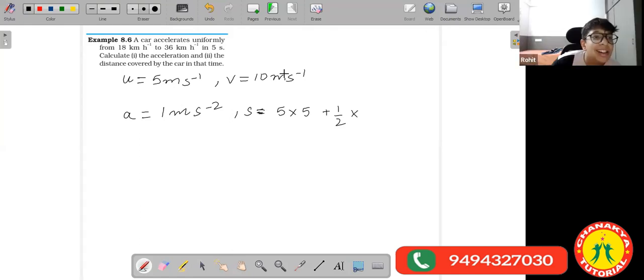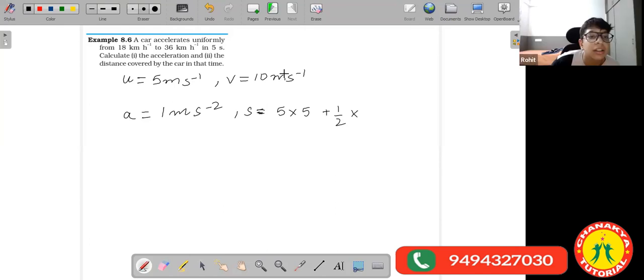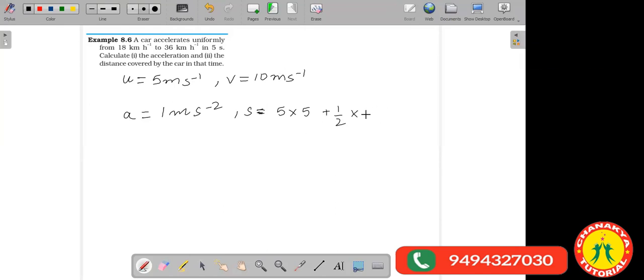Sir, how is the acceleration 1 meter per second squared? Oh, nothing, sir. So put here 1 multiplied by t squared, which is 5 squared.